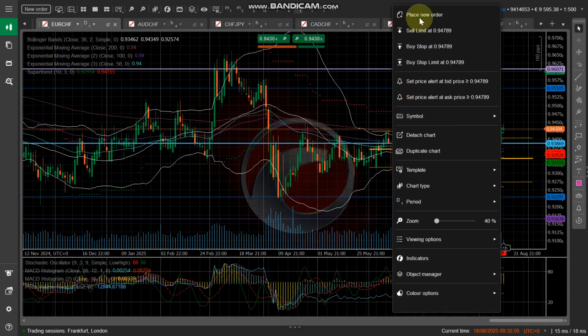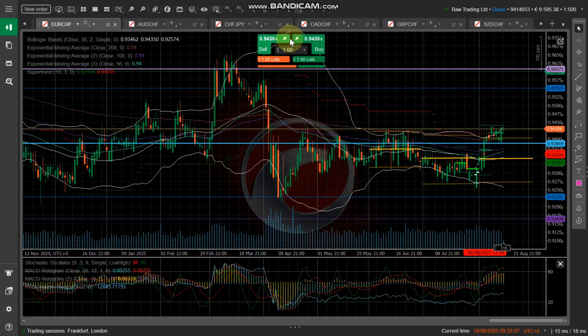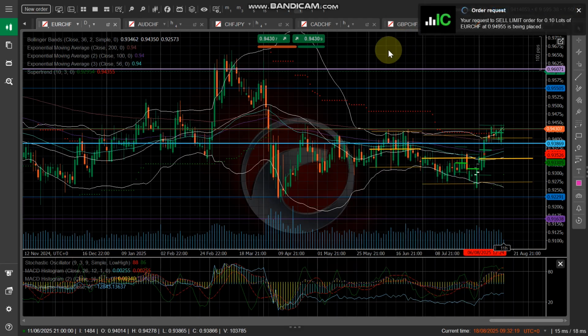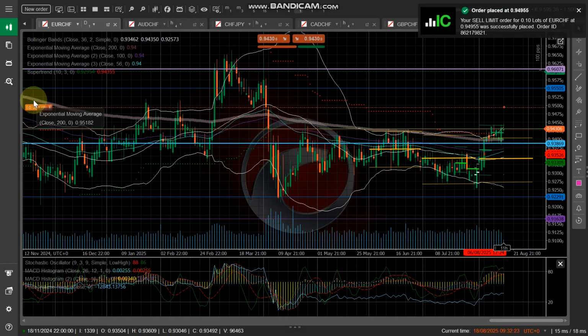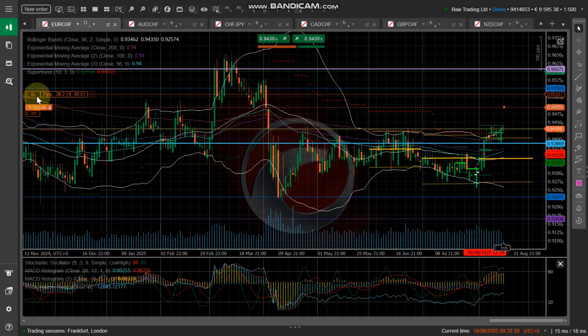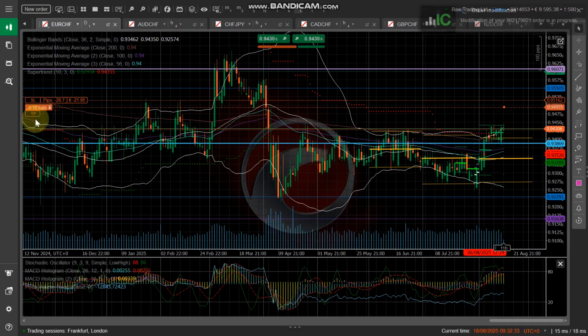I would like to see how much lot size that I would. One lot, no, change to 0.1 lot, mini lot. Here, if it come here, I will get it to sell. I don't have time to watch. My stop loss will be just above this price. My take profit will be somewhere here.